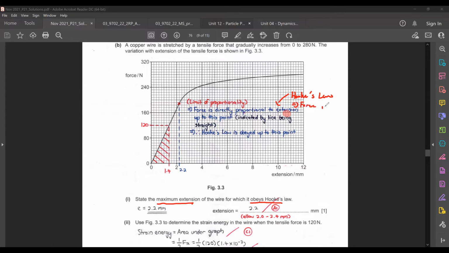Hooke's law is basically just saying that force is directly proportional to extension.